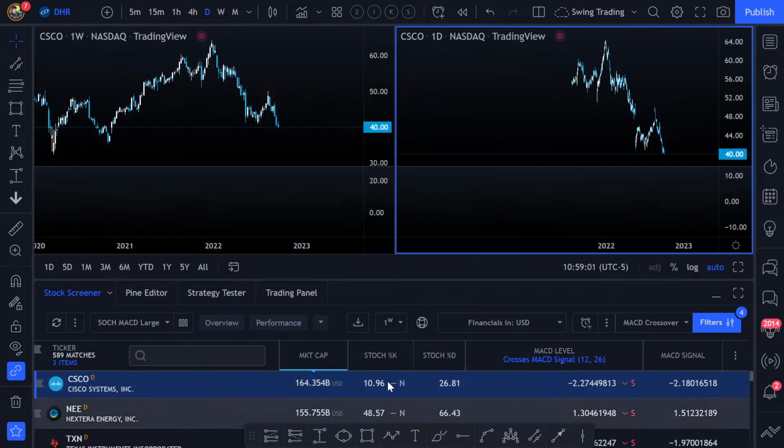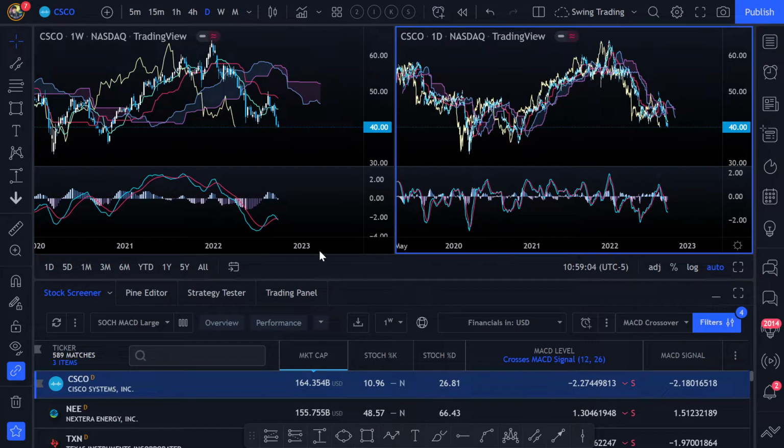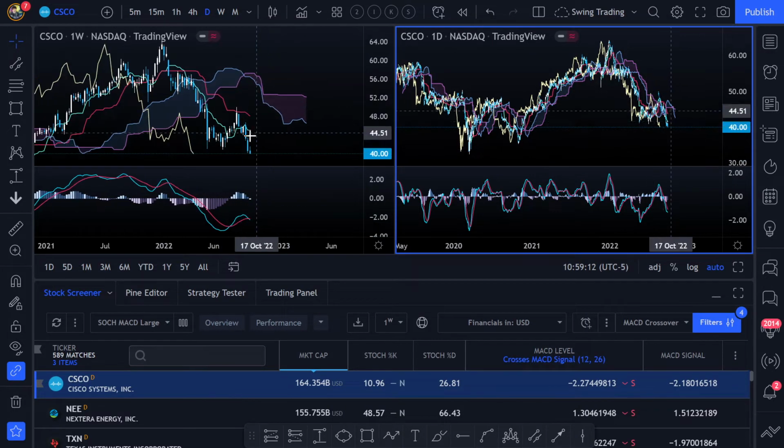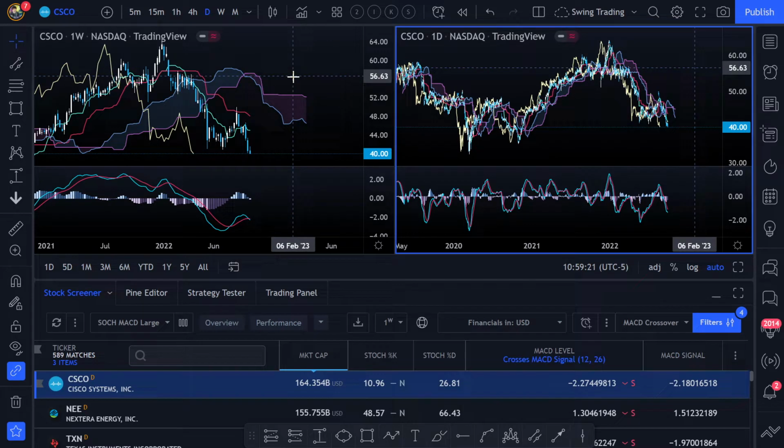Cisco Systems. So this is a technology company well known for its routers and switches and 5G technology. So let's see, Cisco Systems is also experiencing a bearish MACD crossover in the weekly time frame.